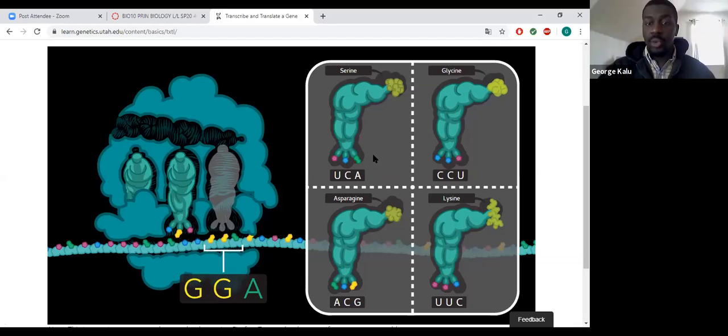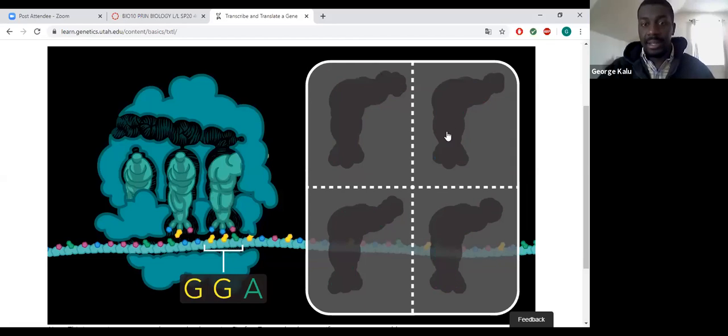So which of these four has an anticodon that is complementary to this GGA over here? CCU, perfect. So we're going to have CCU, and that's going to bring the amino acid glycine.